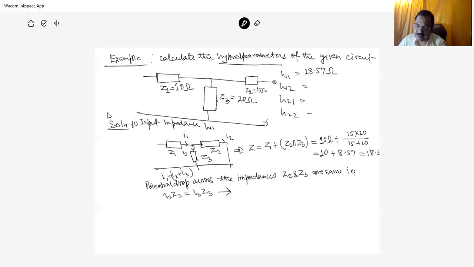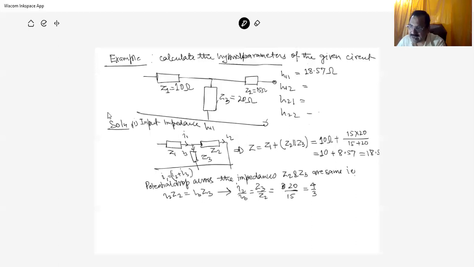This gives the ratio I2 upon I3 is Z3 upon Z2, and this is 20 upon 15, so this is 4 by 3.